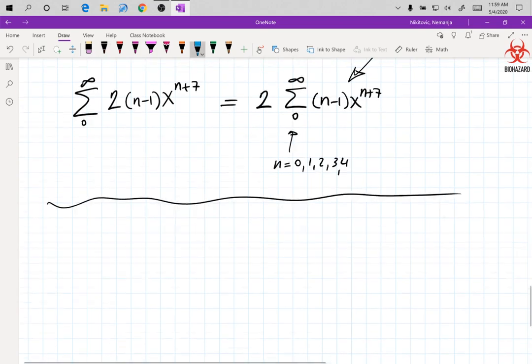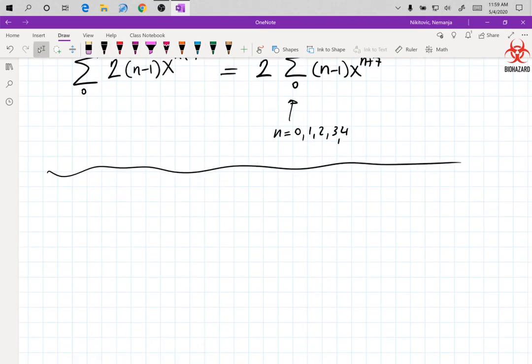Another one that actually builds our differential equations is the ability to add and subtract, to either combine or split apart summations.